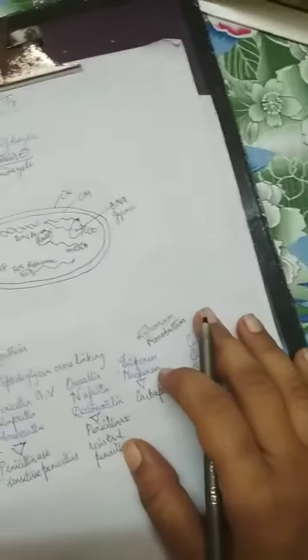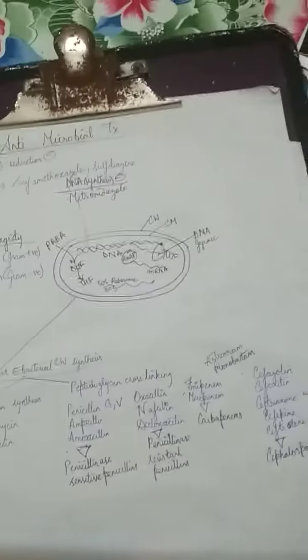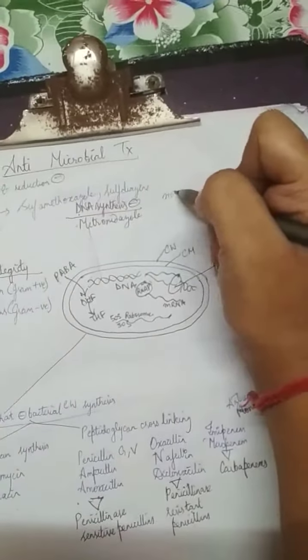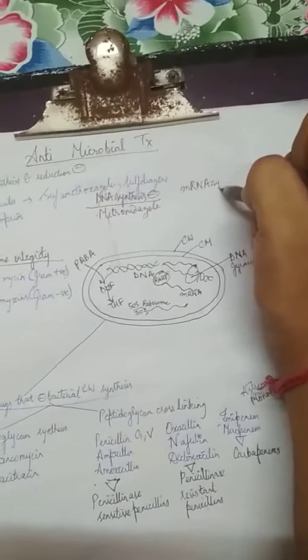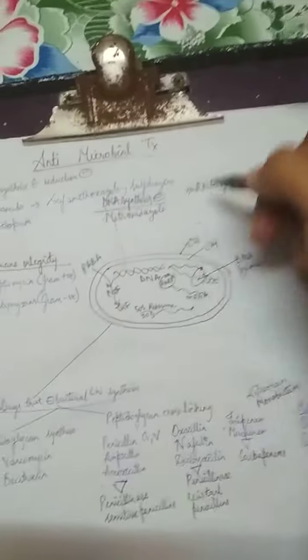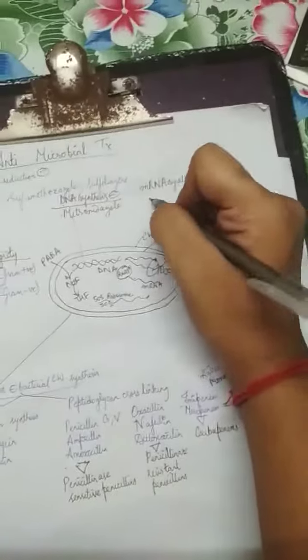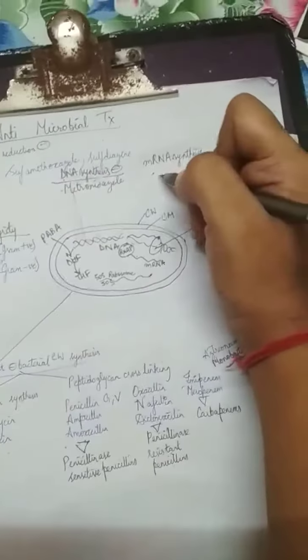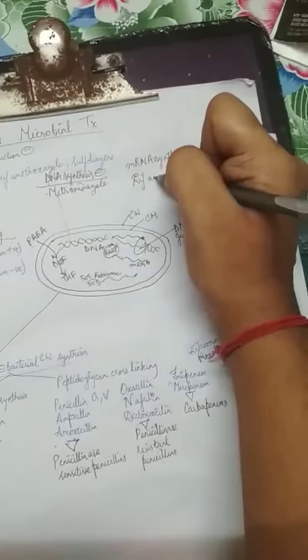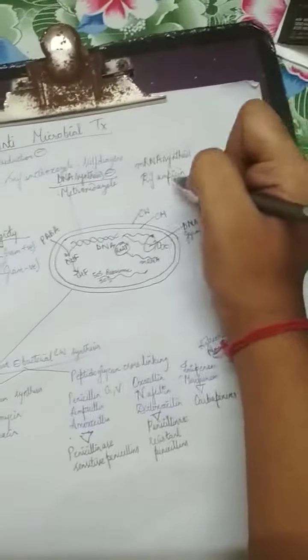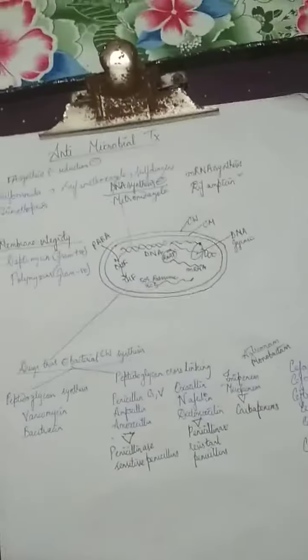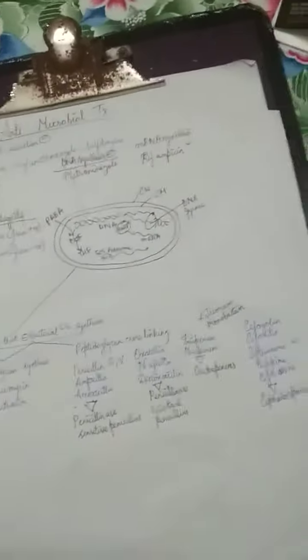So metronidazole is a drug that inhibits the DNA integrity. Then we have drugs which will act against mRNA synthesis. So this is mRNA. I can't actually point it because otherwise my diagram will become clumsy. So the drug that inhibits the mRNA synthesis is rifampicin or rifampin, most commonly used against tuberculosis and leprosy, also called Hansen's disease.